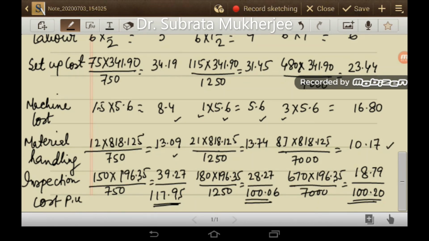And inspection cost: number of inspections required for product X is 150. Cost per inspection is 196.35. We have calculated it in the working, and 750 is the total production of product X. So inspection cost per unit of product X is 39.27.